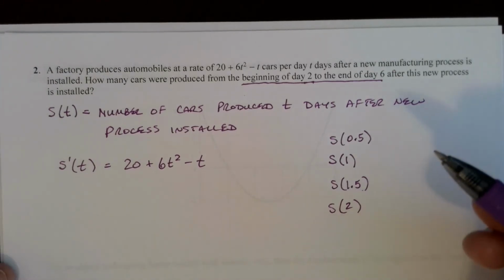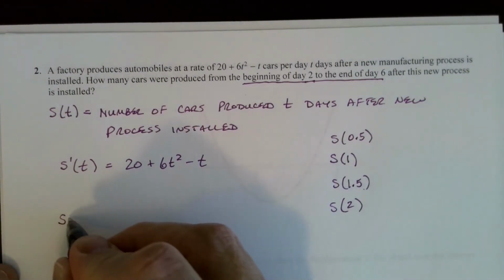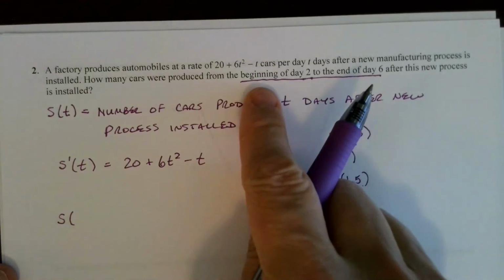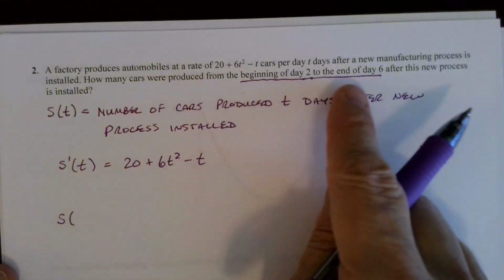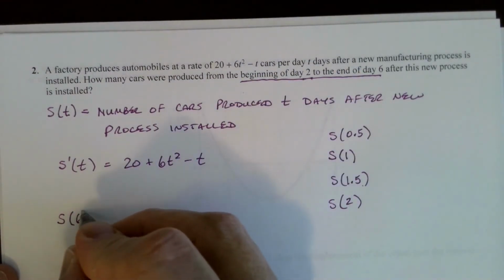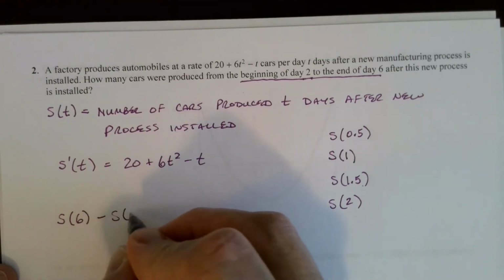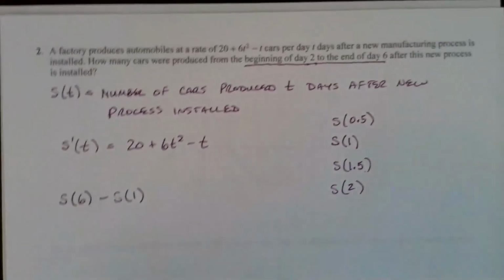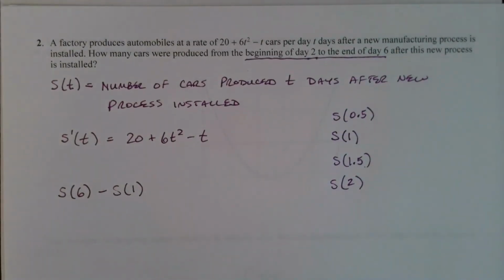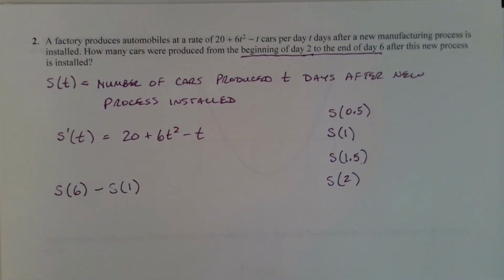So what I'm interested in is the net change here, from the beginning of day 2 to the end of day 6. I want to look at S of 6 minus S of 1. That's going to be the net change. The beginning of day 2 starts right after 1.